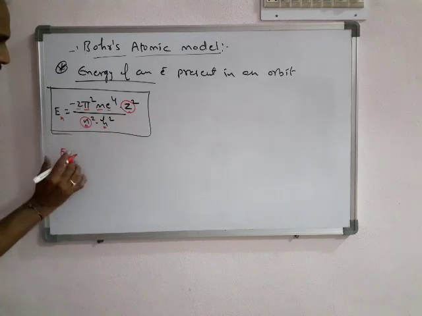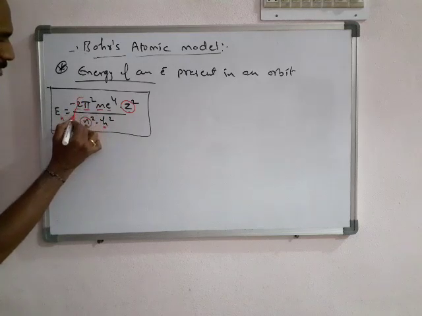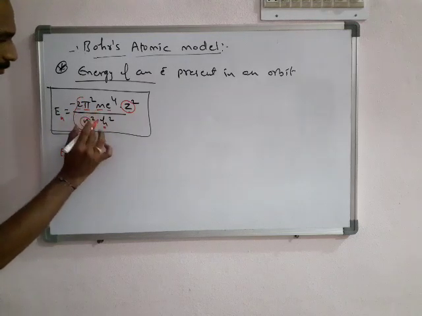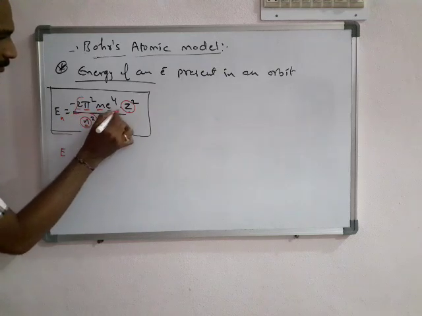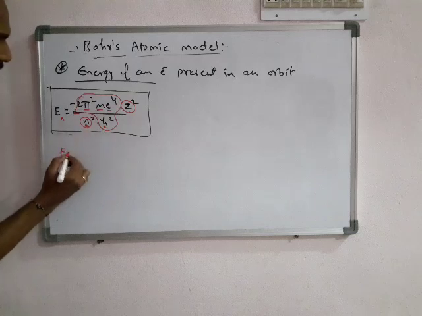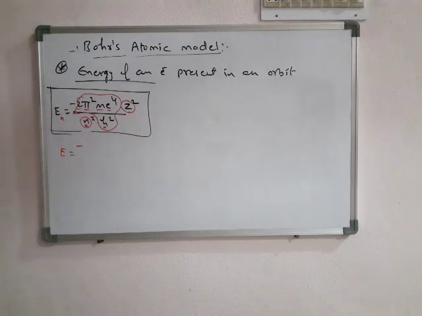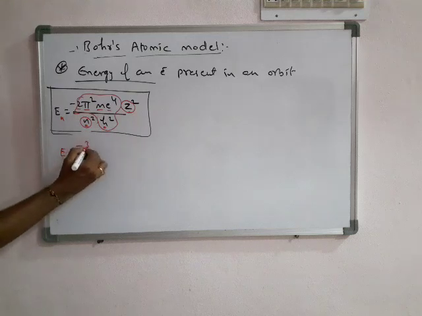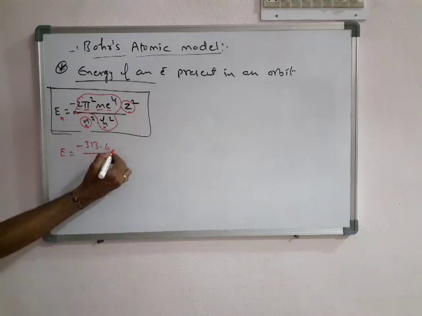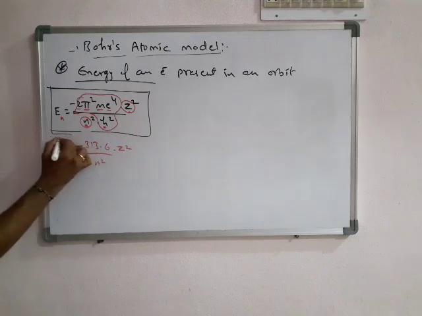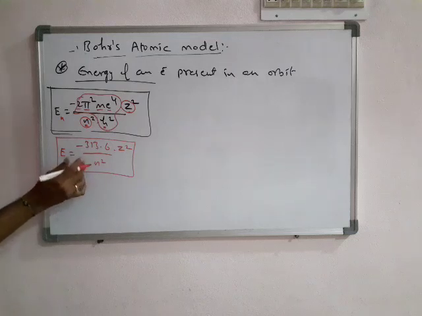So by substituting all these values we will get approximately minus 313.6 by n square into z square. So this is the best expression to calculate the energy of an electron.